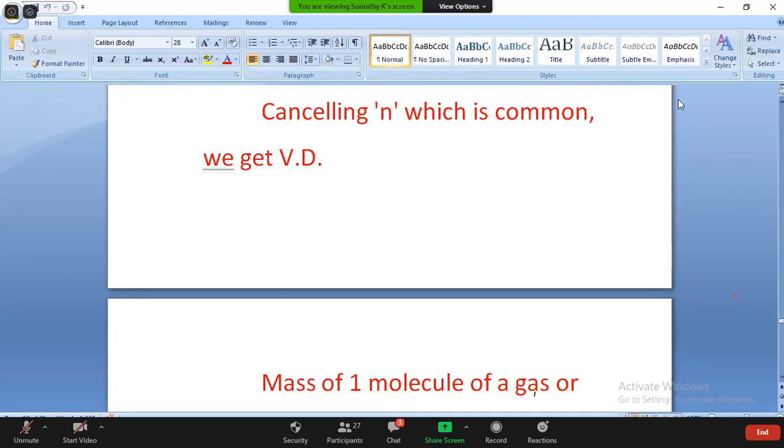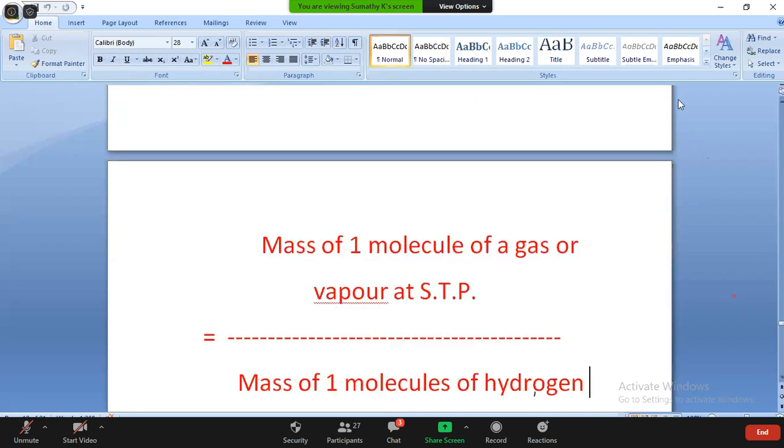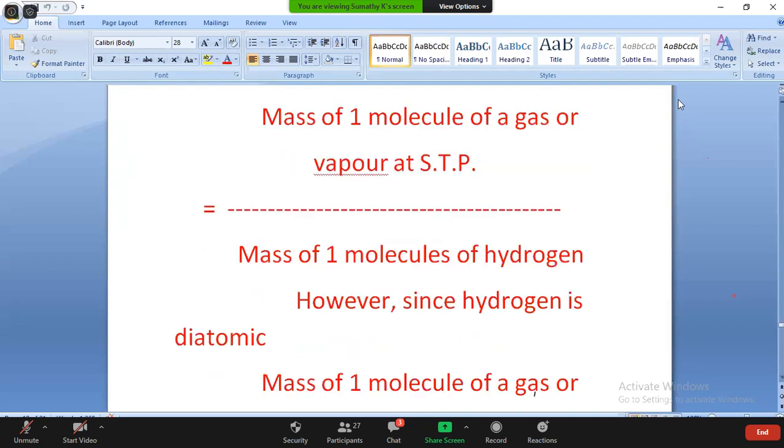So we derived that the mass of 1 mole, instead of n we put 1, the mass of 1 molecule of a gas or vapor at STP divided by the mass of 1 molecule of hydrogen. This is the derivation. First, n molecules of gas, then n volume of gas combined with the mass of one volume of the hydrogen, 1 molecule of the hydrogen.